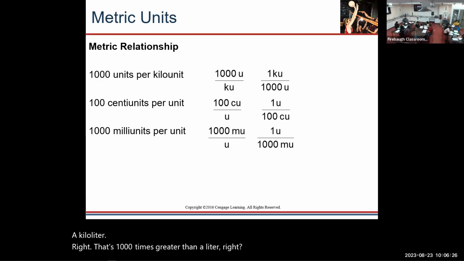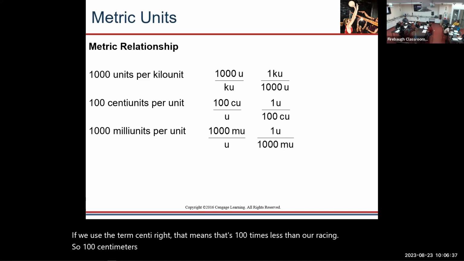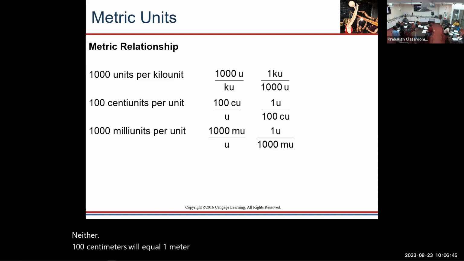If we use the term centi, that means that's 100 times less than our base unit. So 100 centiliters will equal 1 liter. 100 centigrams will equal how many grams?